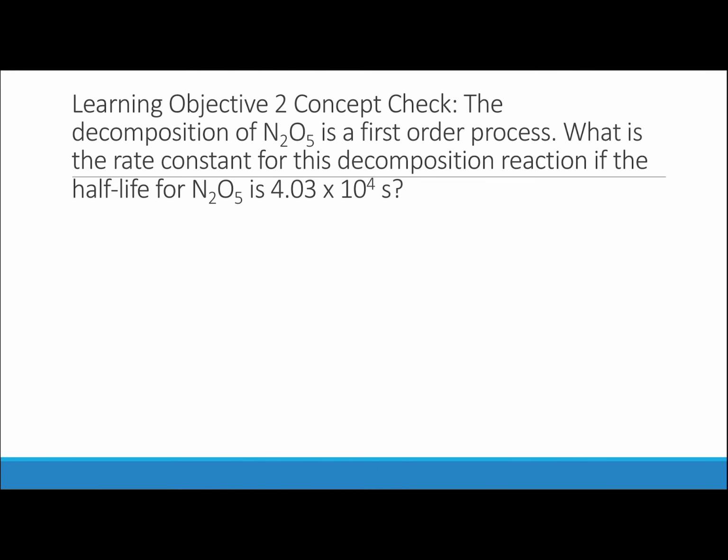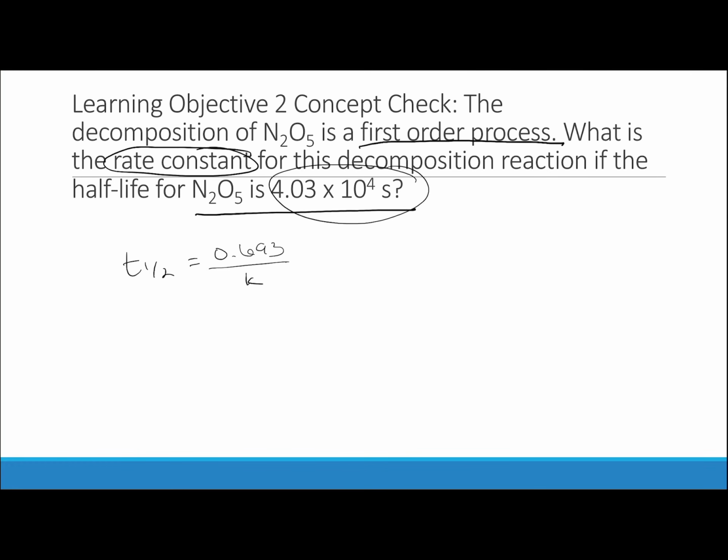The decomposition of N2O5 is a first order process. If we know what its half-life is, we want to determine what its rate constant is. So our T1/2 is equal to 0.693 over k. This is simply plugging in our T1/2 and solving for k.